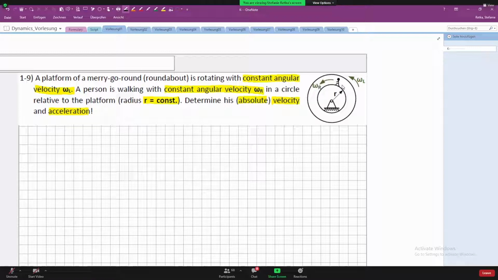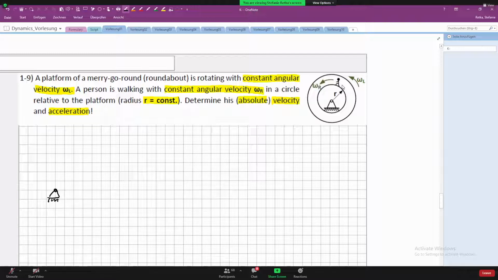Okay, what do we have to do? We have to draw two figures, one for the velocities and one for the accelerations. Now, you do not have to draw the entire platform with the person, etc. You can, of course, it's not wrong, but we can make it a little bit easier.